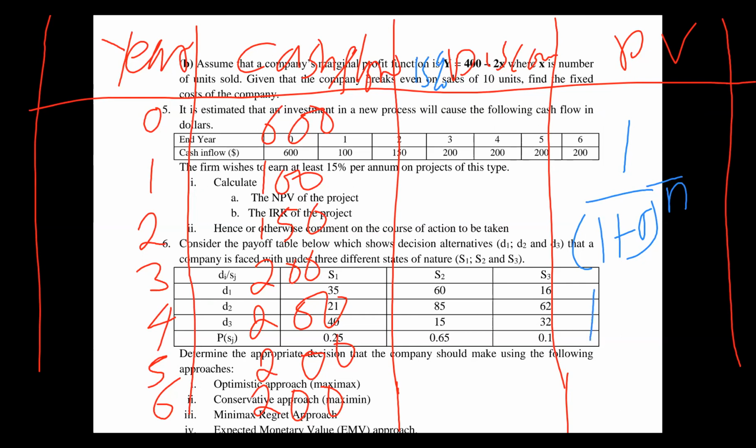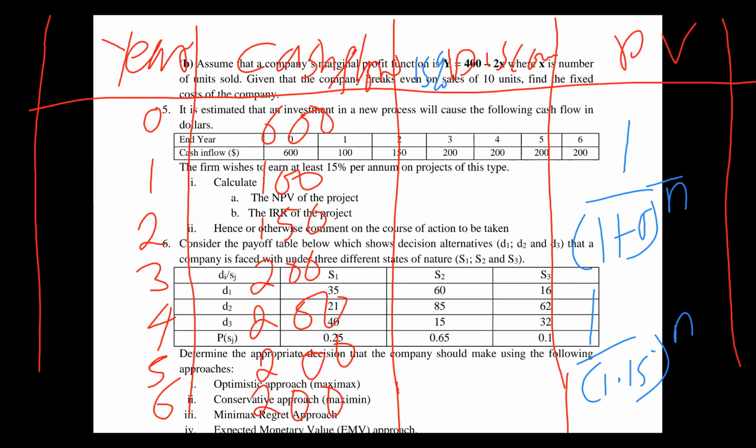So you can say 1 divided by 1 plus 0.15. When you do the addition, you find 1.15 as the denominator, raised to the power n, where n is the number of years. So n is 0 for year 0.